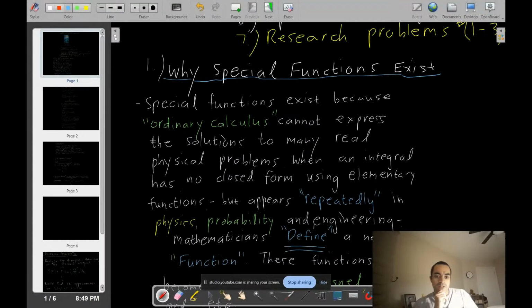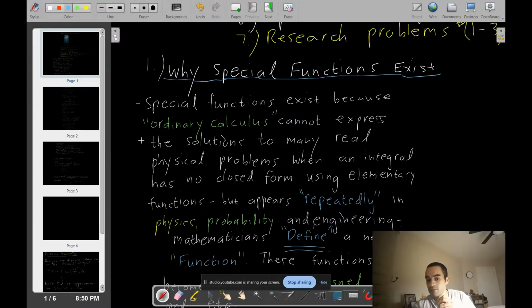All right, so special functions, right? They exist purely for what I have on the board. I've already written it: ordinary calculus, by which I mean limits, derivatives, integrals, and stuff like that, cannot express solutions to many real physical problems.